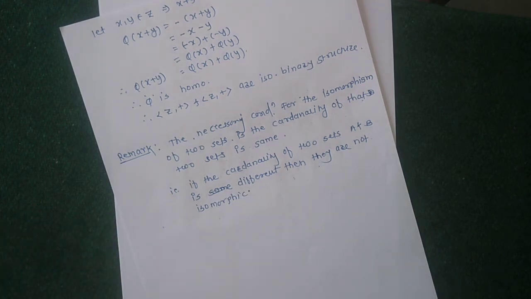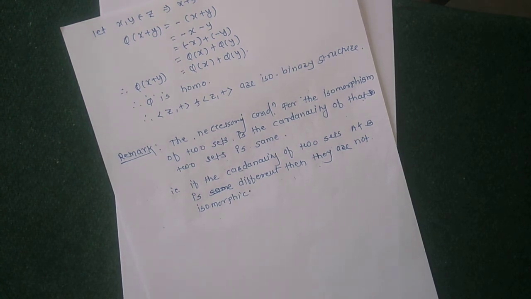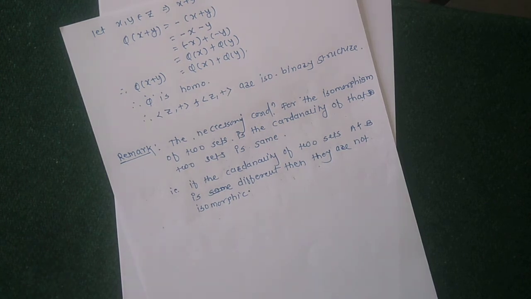If the cardinality is the same, then check the other three conditions: the function phi is defined, one-one, onto, and homomorphism. If the cardinality is not the same, that means the number of elements in the given sets is countable or not. Their cardinality means the number of elements in that set.